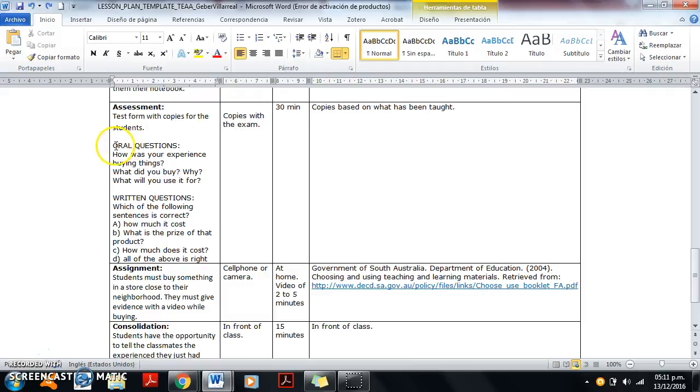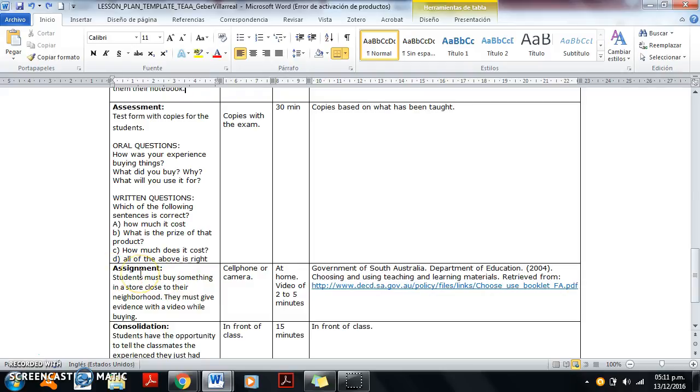There are 3 questions that they will have to answer, and they will also have to write down some answers on a paper that we will give them. This is just 30 minutes, and the only resource that we need here is copies based on what they have been taught.